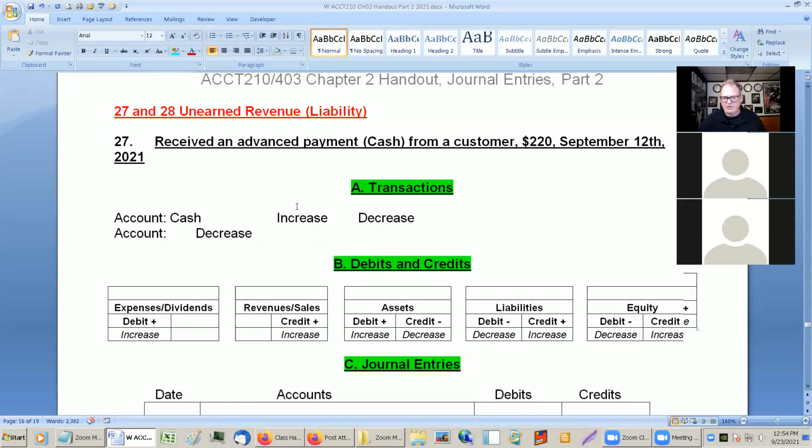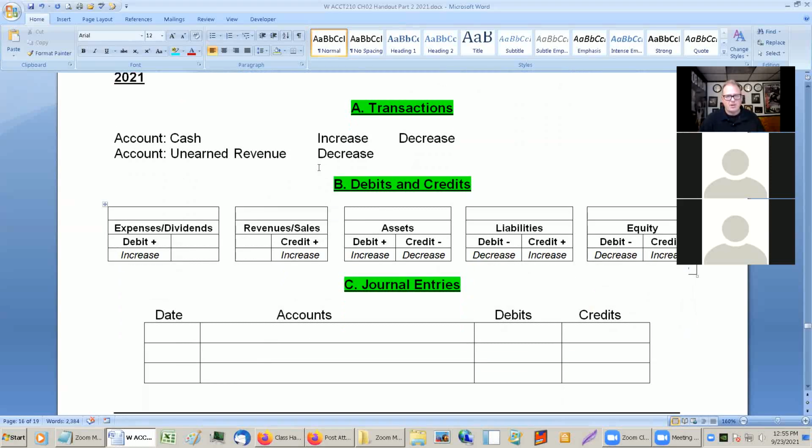So if they give us $220 in advance and we don't do the work, we've got to give them the $220 back. So it's a liability, and it's called unearned revenue. And again, this is a liability. It's actually not a revenue at all.